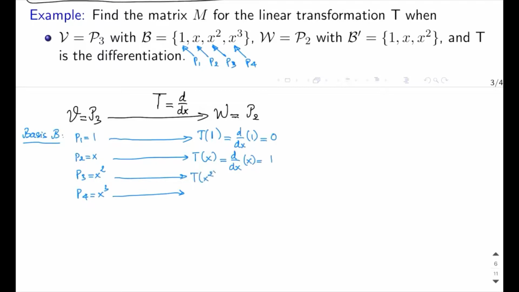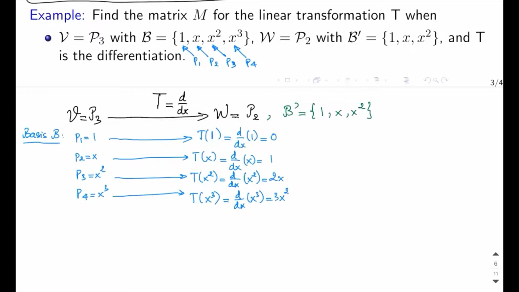T of x squared is d/dx of x squared, that's going to be 2x. And T of x cubed, d/dx of x cubed, that's going to be 3x squared. Next, you know that in W, you have the basis B prime, that is 1, x and x squared.